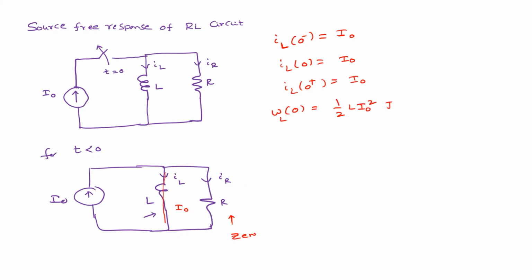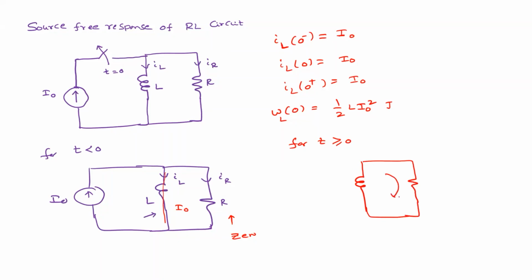Now how will this circuit be reduced for t greater than or equal to 0? One side you have the inductor, on the other side you have the resistor. Agree?